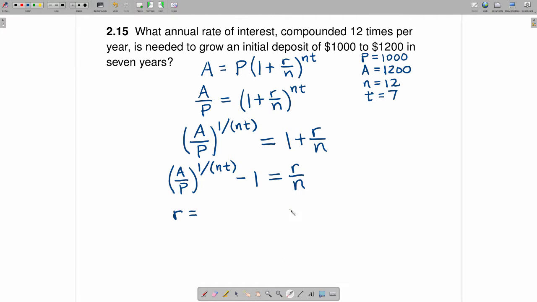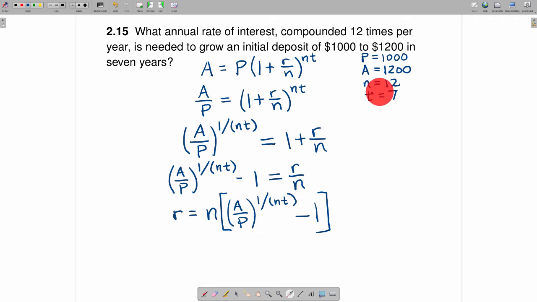So when we multiply the right-hand side of the equation by N, you just get R. And when you multiply this side of the equation by N, you get N multiplied by A over P to the 1 over NT power minus 1. And we have now solved for the rate R.